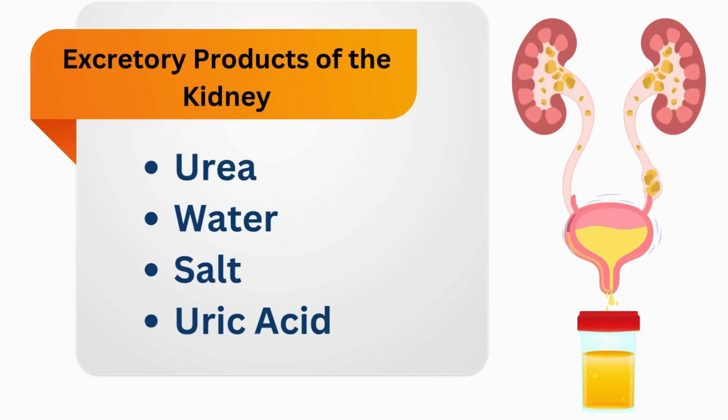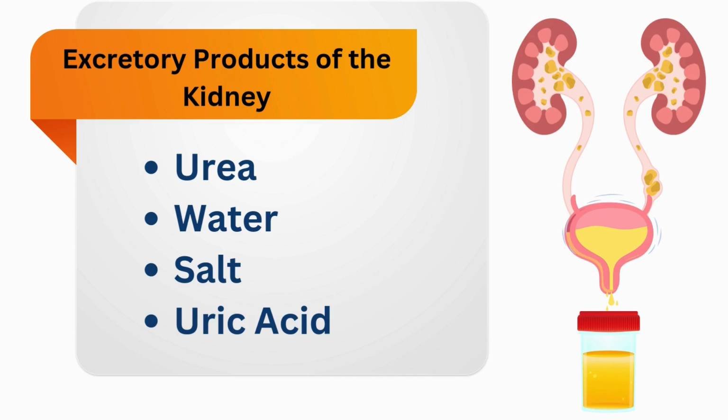Another function of the kidney is urine formation in the process of excretion. The kidneys are also involved in the removal of metabolic waste products from the body in form of urine. This process involved in the formation of urine occurs in three phases, which are ultrafiltration, selective reabsorption, and hormonal secretion.